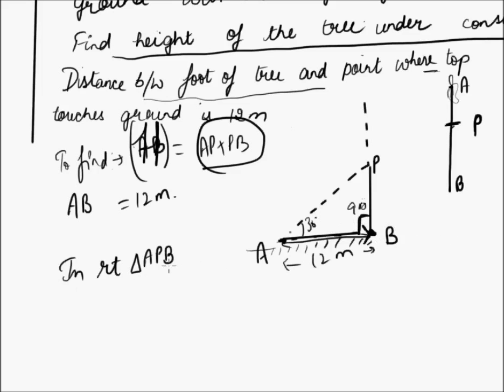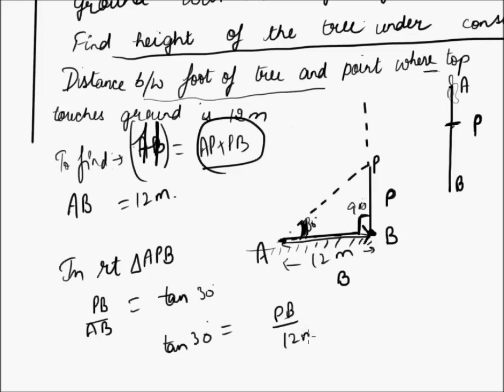So in right triangle APB, PB over AB, that is perpendicular over base, is the tangent of the angle involved. So tangent 30 degrees, because this is perpendicular with respect to the angle 30 degrees, comes out to be PB over AB. Substituting the value of AB as 12 meters.